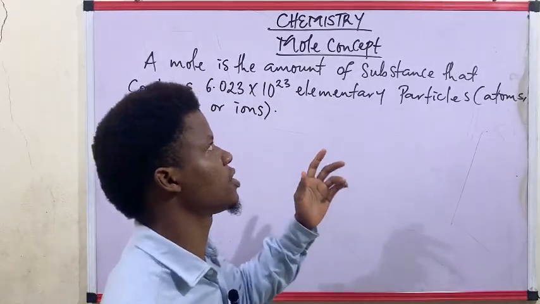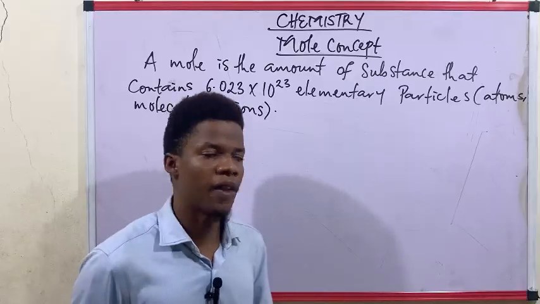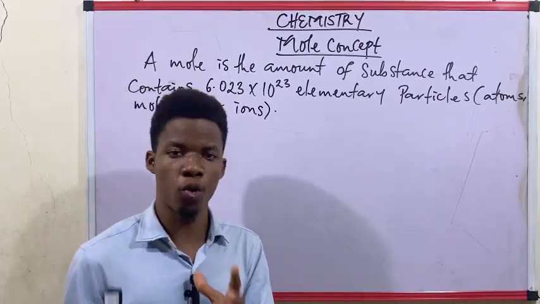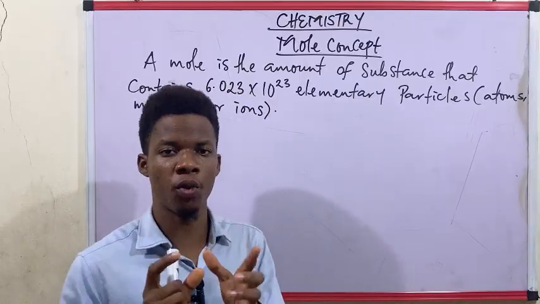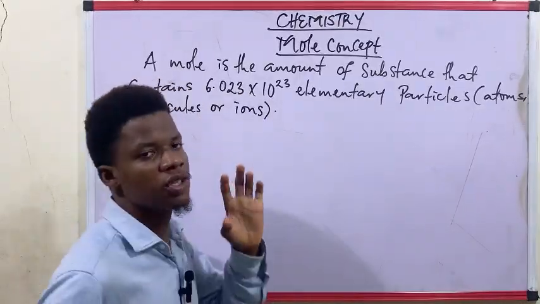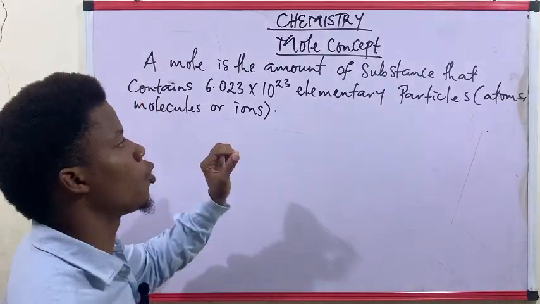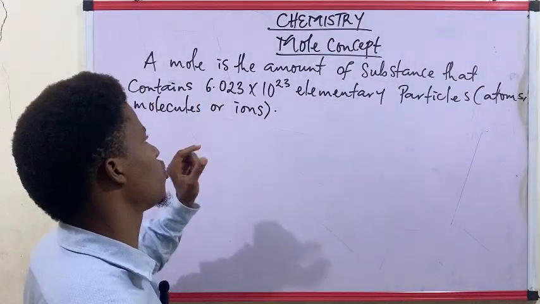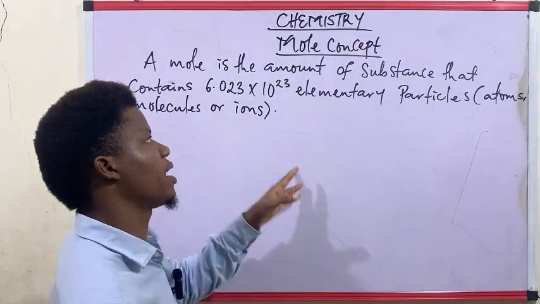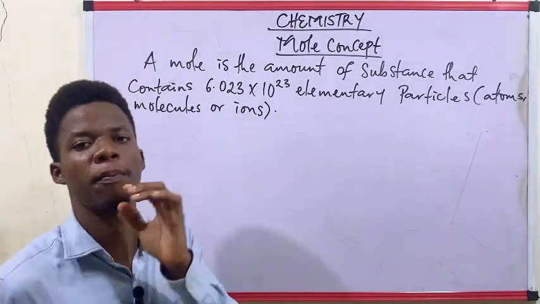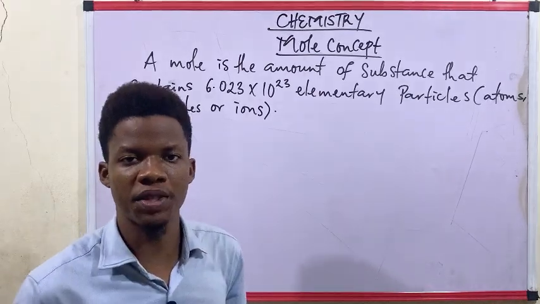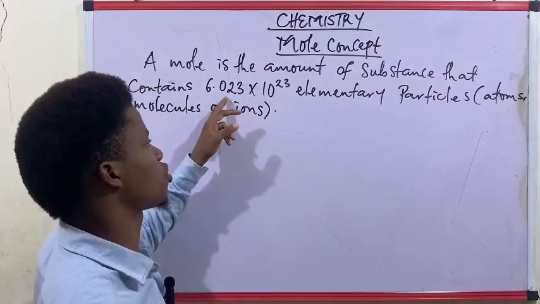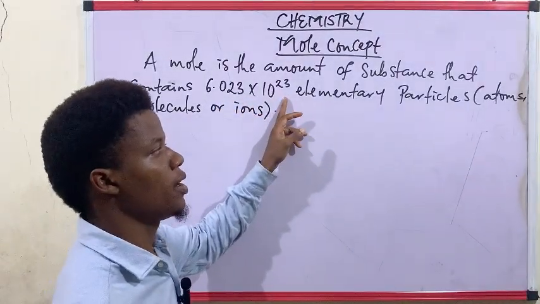On the board, the topic says mole concept, meaning that everything we are going to be discussing in this topic involves the mole. Now, what does the mole stand for? A mole is the amount of substance that contains 6.023 times 10 raised to the power of 23 elementary particles.